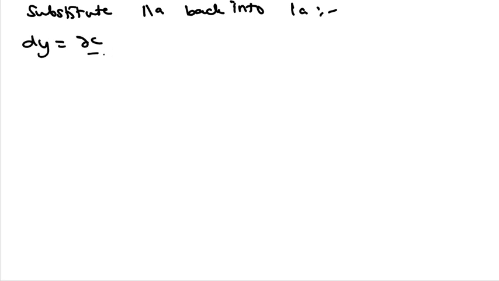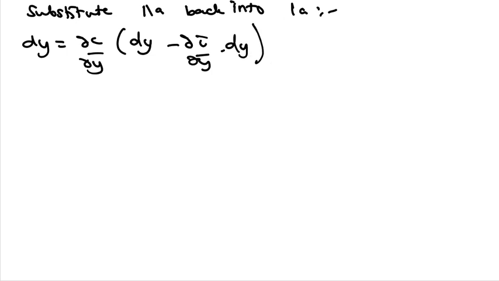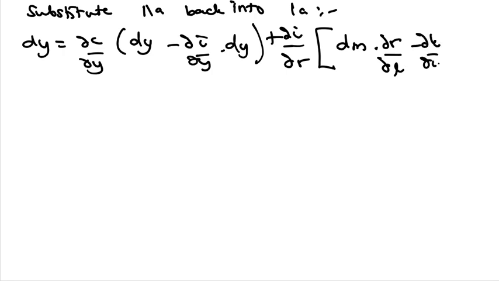When you substitute 2B back into 1A, it will give us something like this: dY equals this over delta C over delta Y, dY minus delta T over delta Y dY, and then plus dI over delta R, with the bracket substituted with this. Now I call this one 1B.